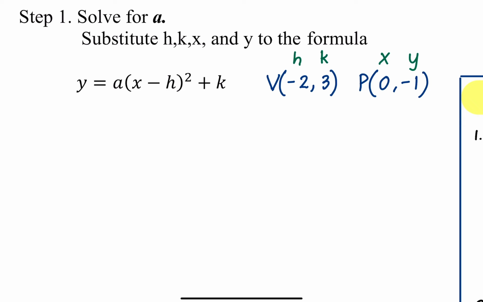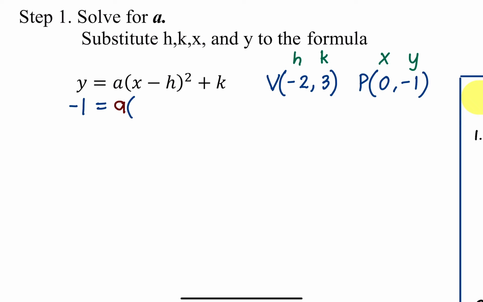So let's start. What is our y? Our y is -1. So I'm going to write -1 = a, because that is the variable that we're looking for.